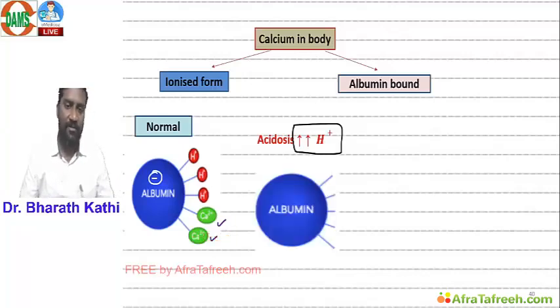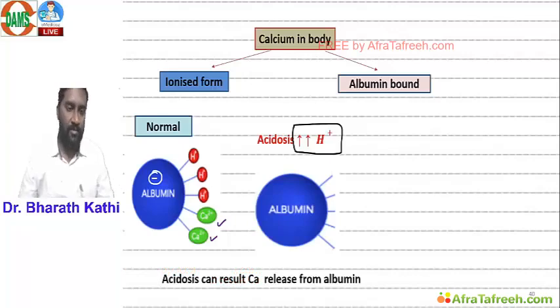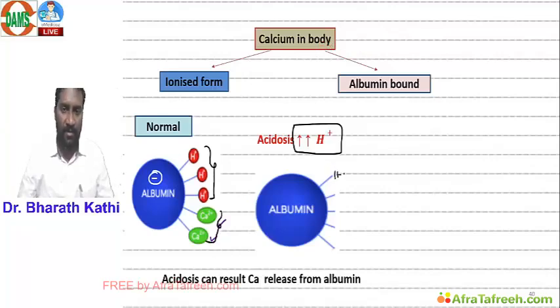One of the mechanism is your body will start releasing calcium from the albumin. Now you can see here in a normal individual 3 H plus were there and 2 calcium were there. Now what will your body do is this albumin, it will start binding excess H plus, releasing calcium.